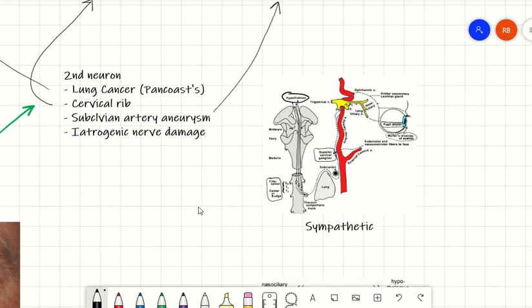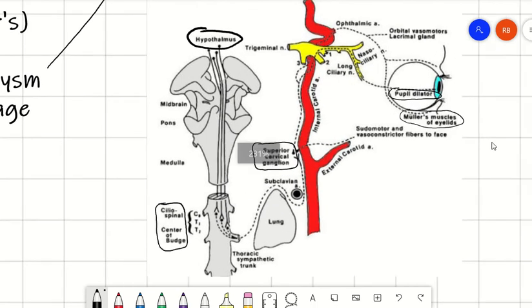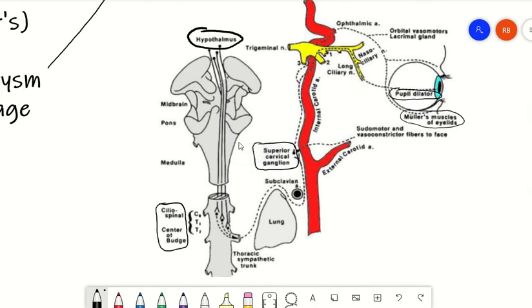If we look back at this diagram here, we can see that at the end of the second order neuron, it synapses at the superior cervical ganglion. Now you've got sweat fibers called pseudomotor fibers. They can branch off and supply the face, the upper and lower face.